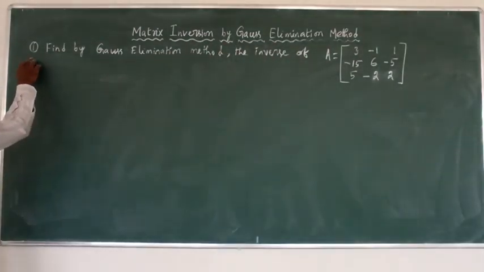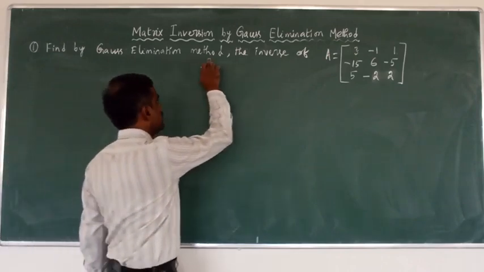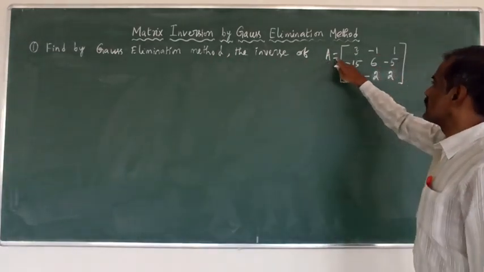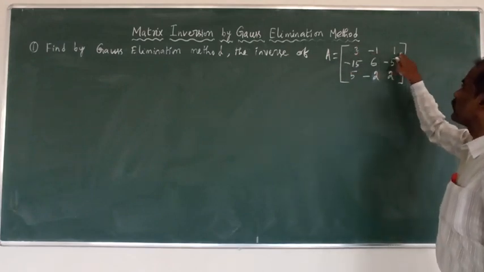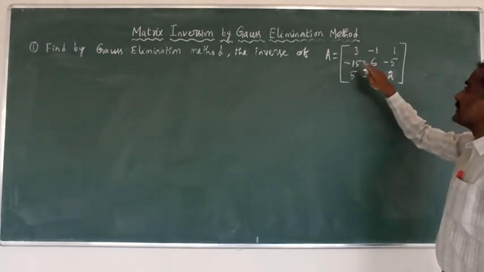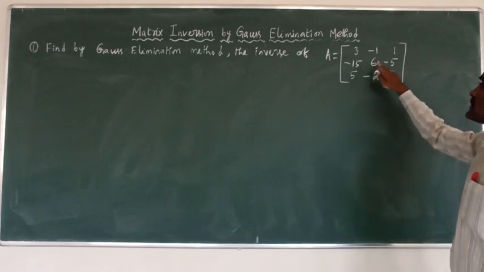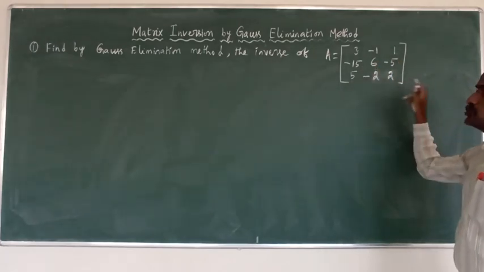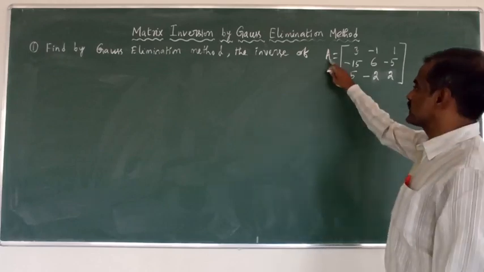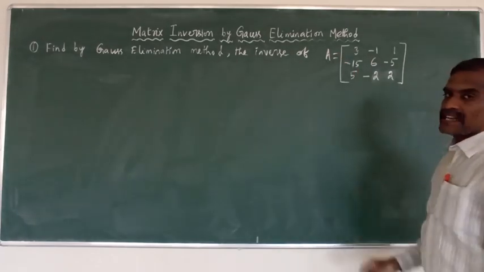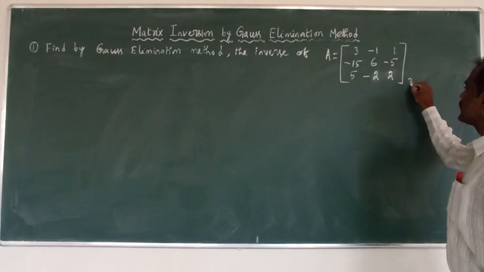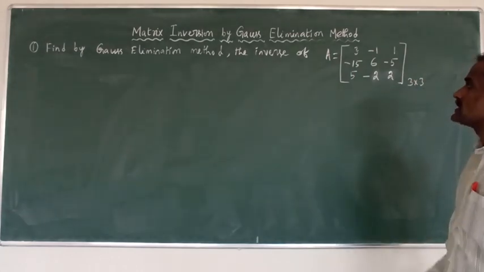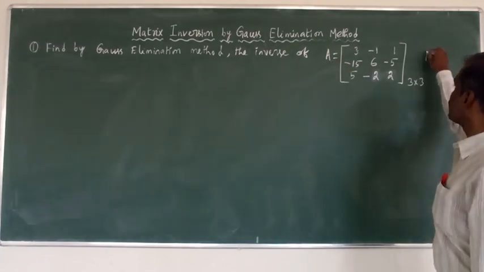Question number 1: find by Gauss elimination method the inverse of A equal to 3 minus 1 1, minus 15 6 minus 5, 5 minus 2 2. This is the given A matrix, a 3 cross 3 matrix. We have to find A inverse.